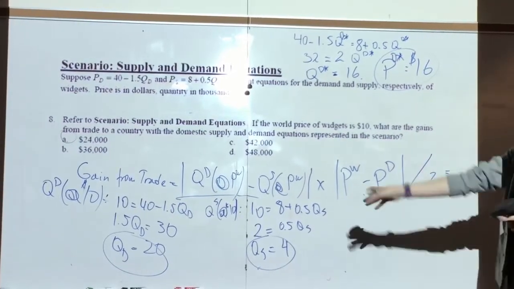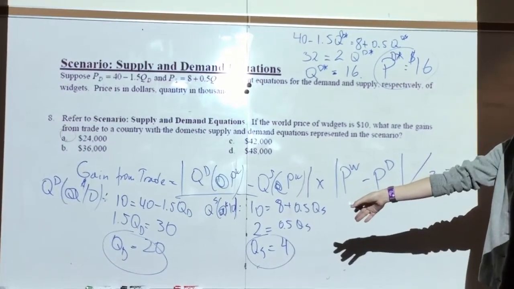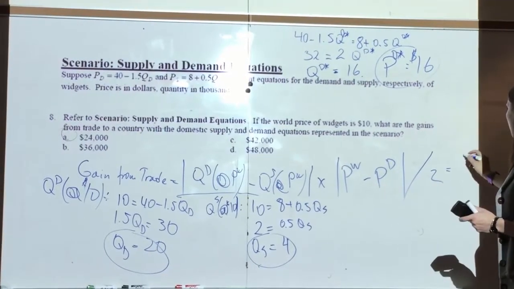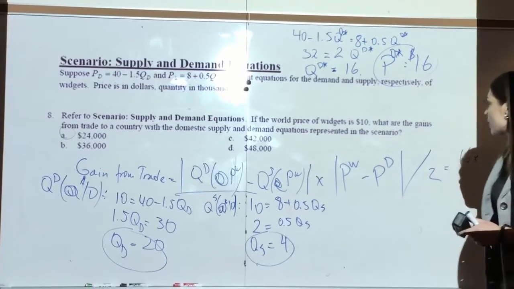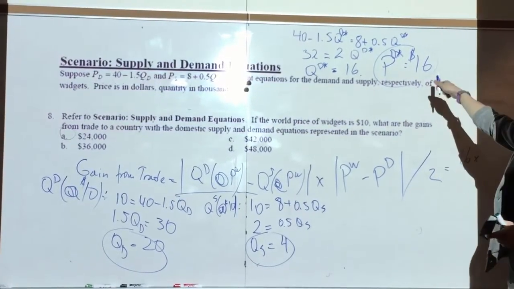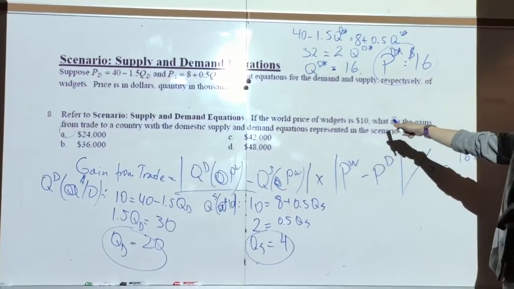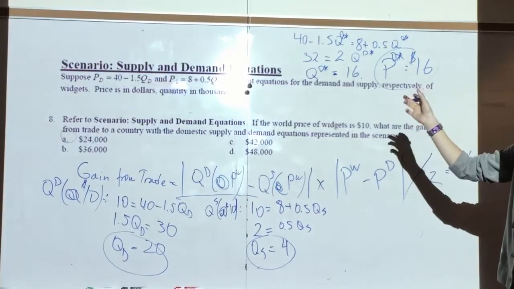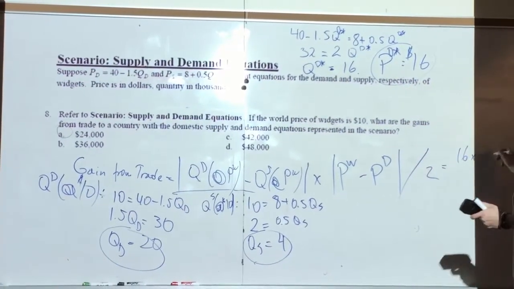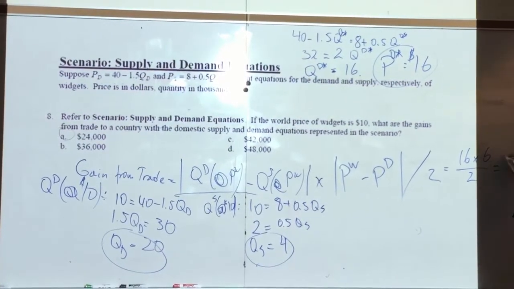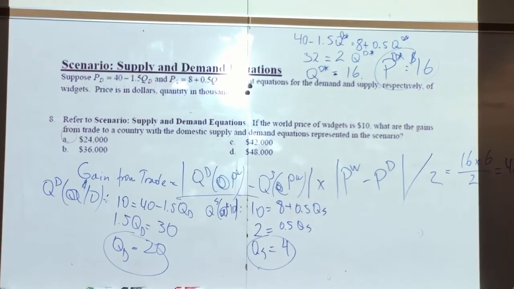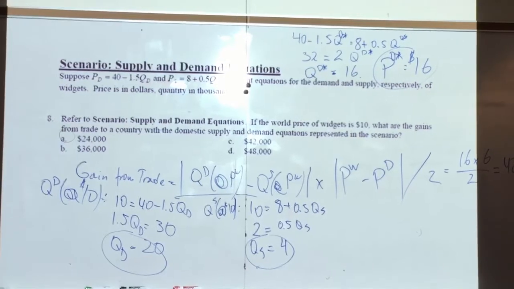So we have imports in the amount of 16 units. So I have 16 times the difference between the world price and the domestic price. Domestic is 16, world is 10, so in absolute value it's 6, divided by 2, which gives 48. And this is in thousands.